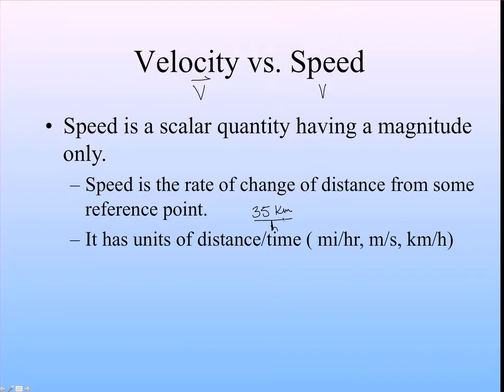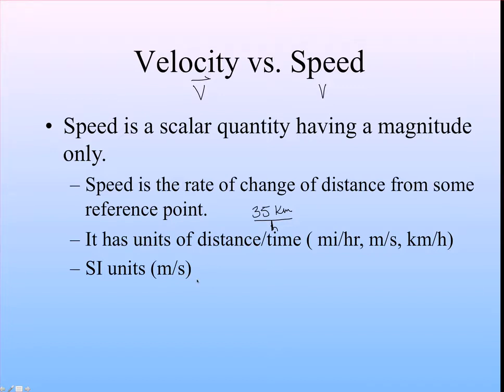That time can be measured in hours or in seconds. The distance could be measured in miles or meters or kilometers. In the international system, the metric system, the standard units are meters per second because meters are the standard unit of length and seconds are the standard unit of time.